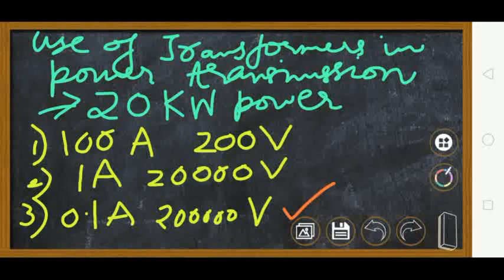लेकिन अगर मेरे पास what I am getting is say only 200 volts. So 200 volts पे मैं 0.1 ampere कैसे भेजूँ? So I will use step-up transformer. I will increase the EMF from 200 to 2 lakhs and then I will send 0.1 ampere current.